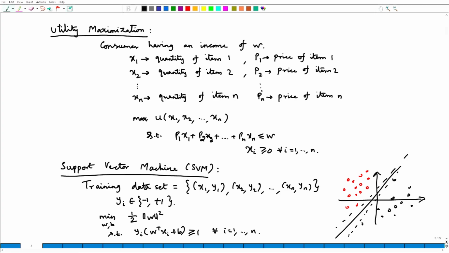So, if you see the problems, they are of the following form. Okay. So, in each of the problems, okay, I am actually minimizing some function, let us say f of x.